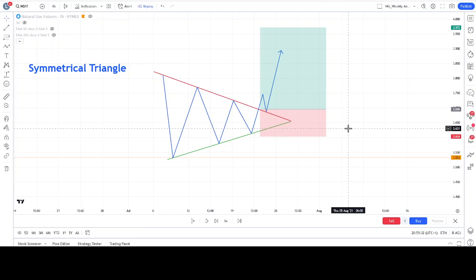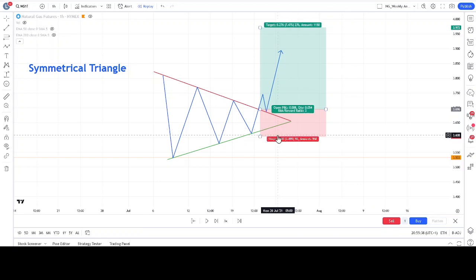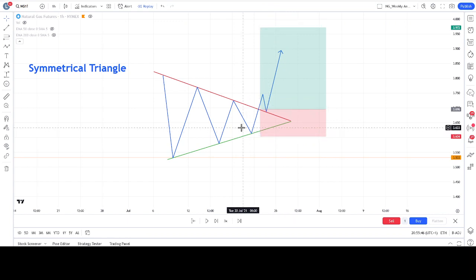So an ascending triangle is a bullish continuation pattern, while a symmetrical triangle can be either a reversal or a continuation pattern. We should note that the prices are undecided once they are moving inside the symmetrical triangle.